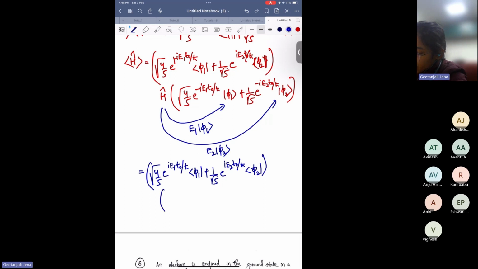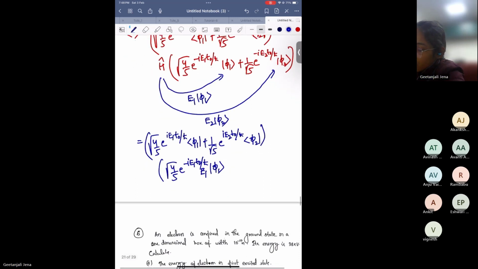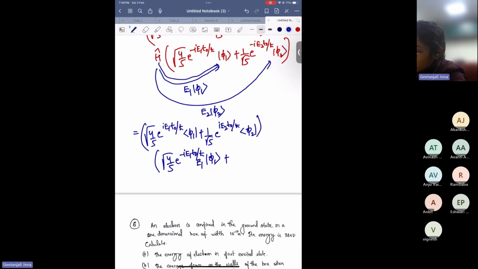This term is multiplied with root over 4 by 5 e to the power i E1 t0 by h cut phi 1, and there will be an E1 term here, because the Hamiltonian operator acts on this one and gives E1. And the other term is 1 by root over 5 e to the power minus i t0 by h cut E2.